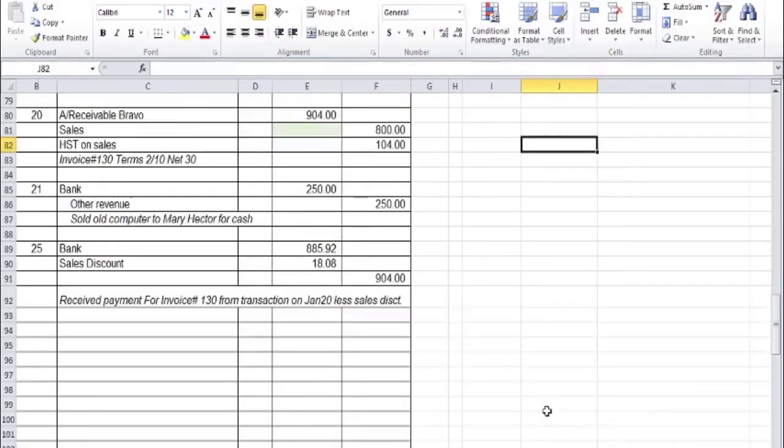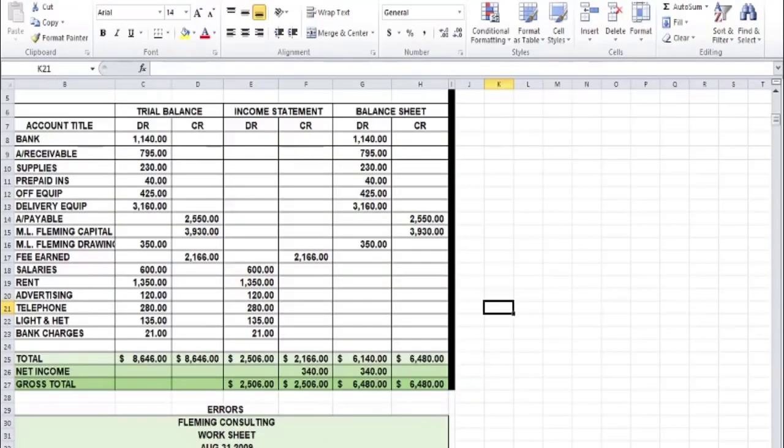The answer is this. This is actually a loss, not the profit. Loss is on the opposite side.